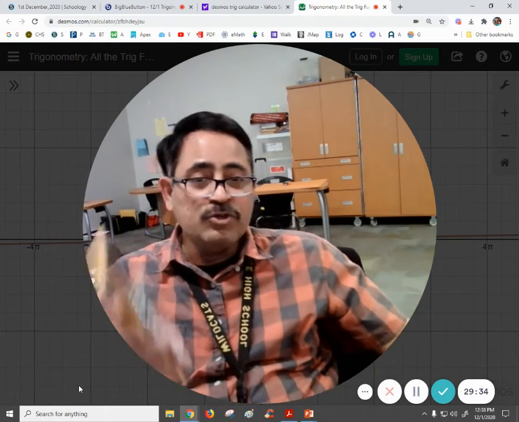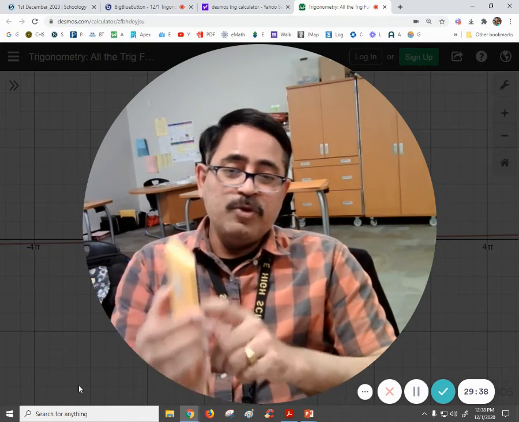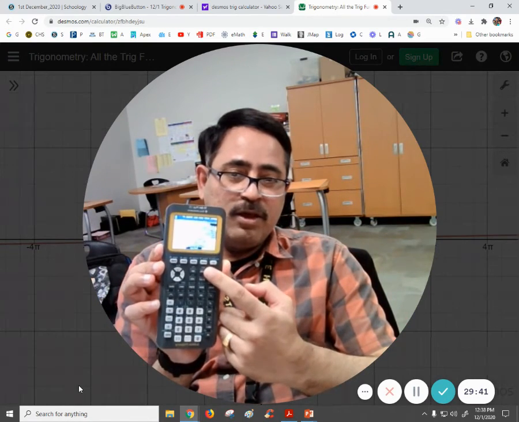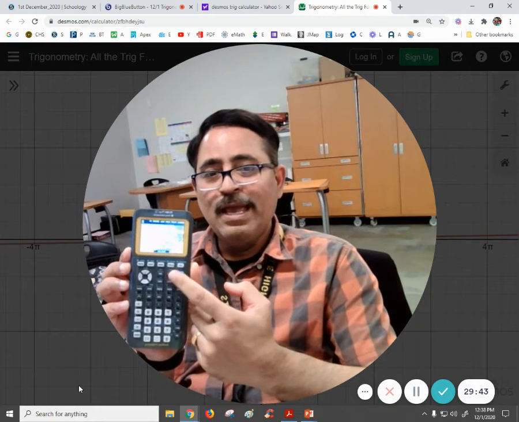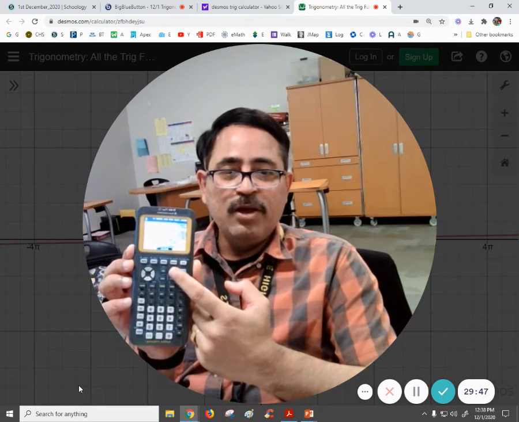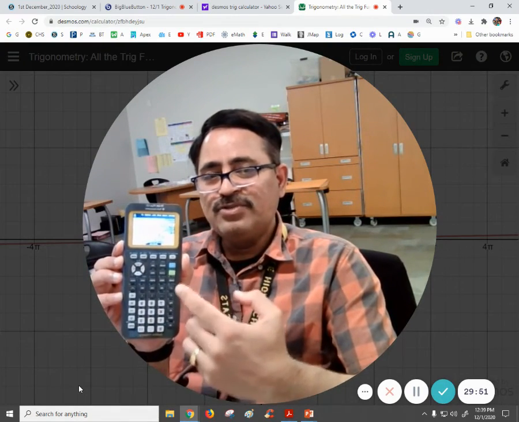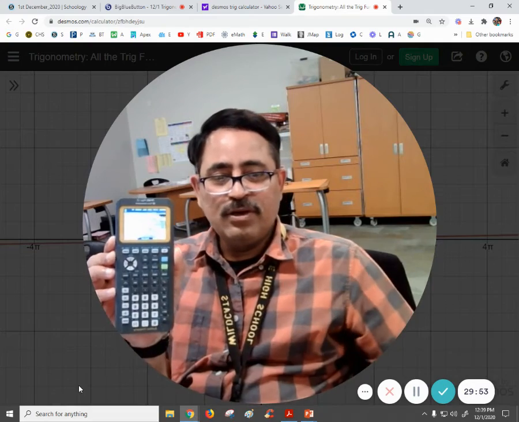At the top you see that mode button. Click on the mode, and make sure that you are switching from radians, which is the default, to degrees. Okay.